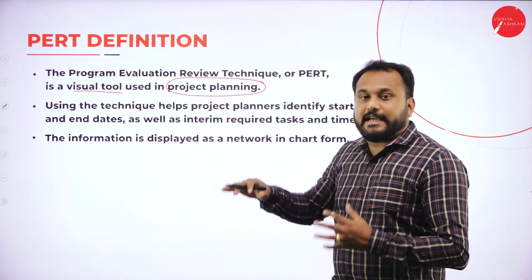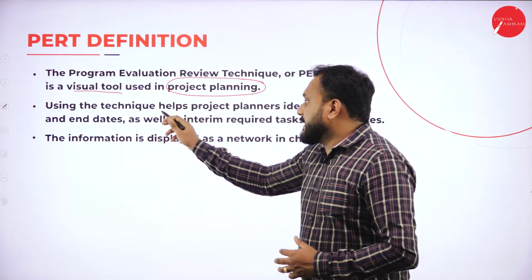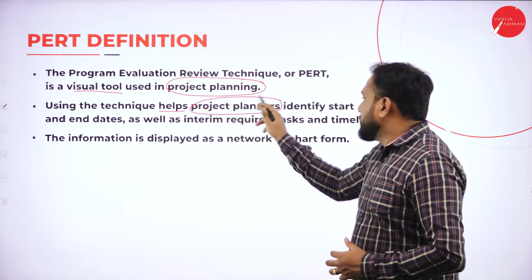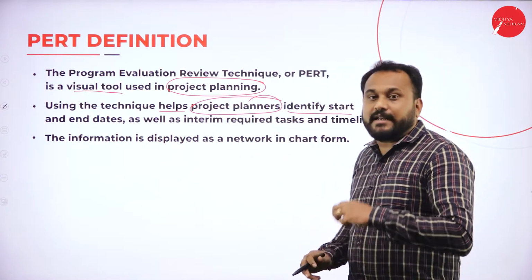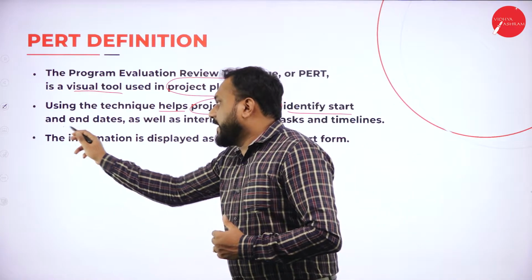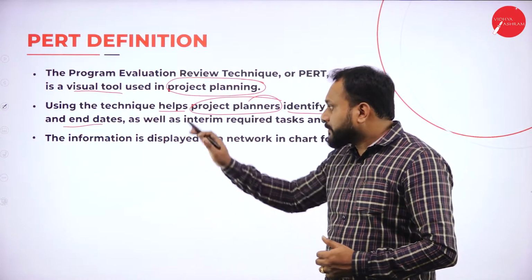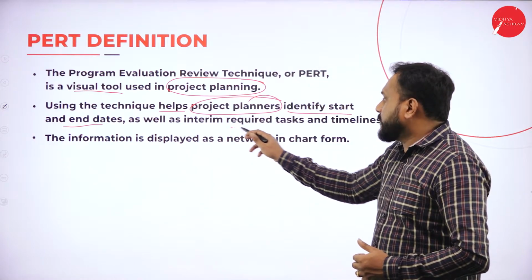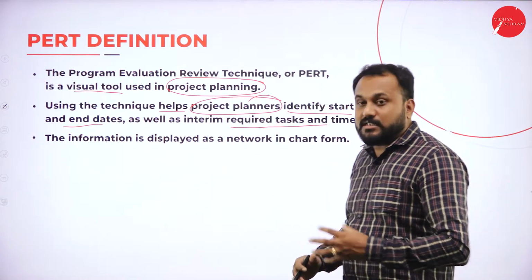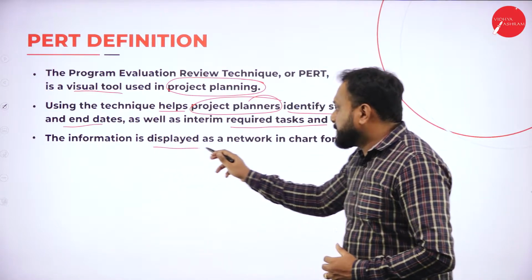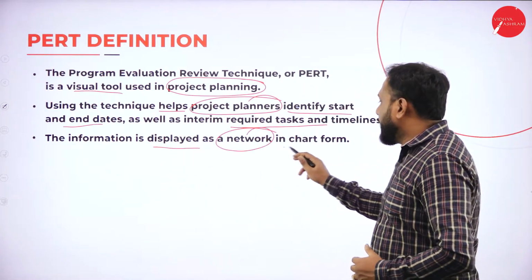Using the technique, it helps the project planners identify start and end dates. So when to start and what time they can actually finish those projects, as well as interim required tasks and timelines. The information is displayed as a network in chart form.